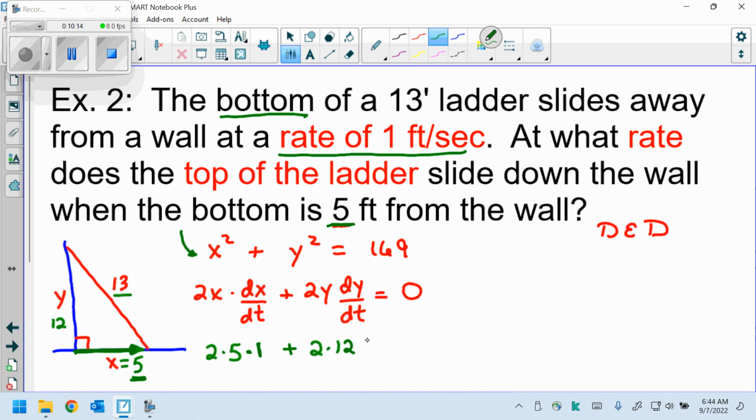But I don't know what dy dt is. But I do know that the result has got to be 0. Calculator time. Let's figure it out. Now I'm thinking I get dy dt equaling 0.416 repeating, or 0.417.